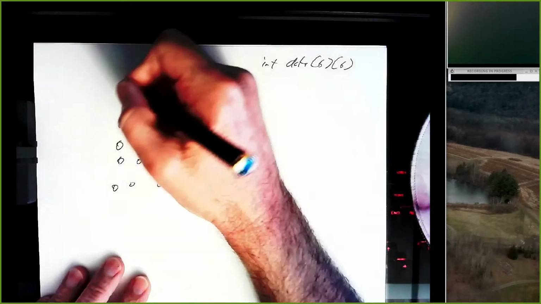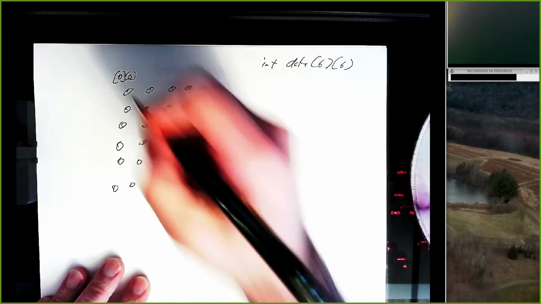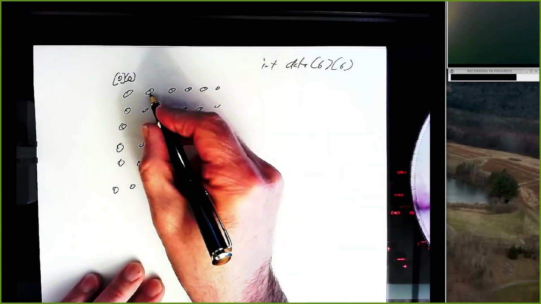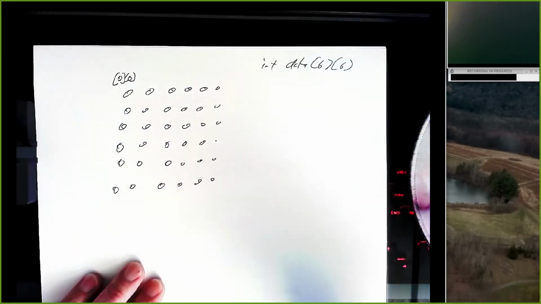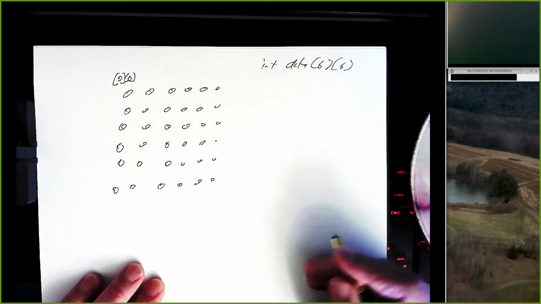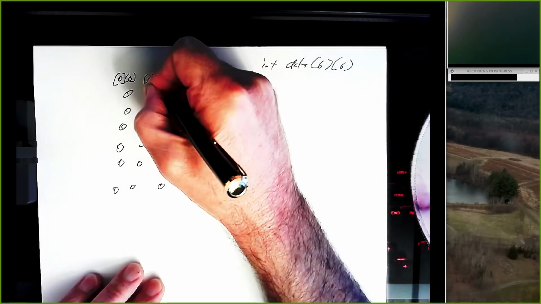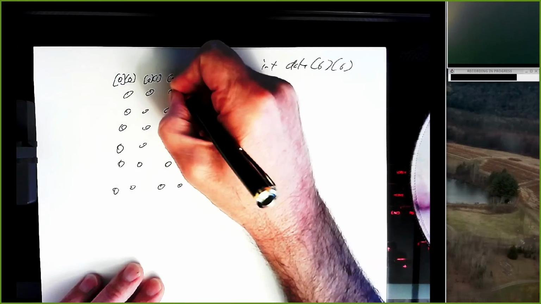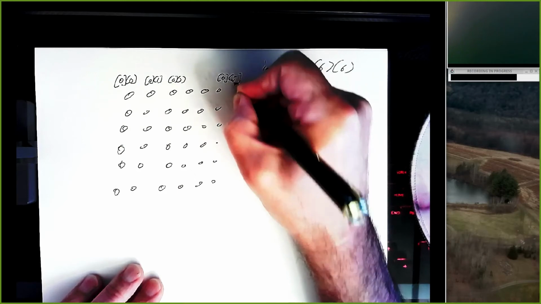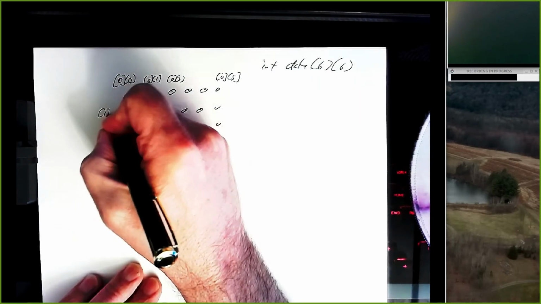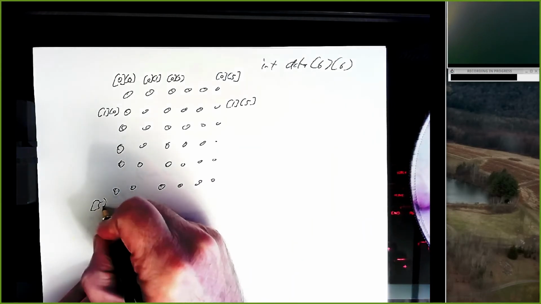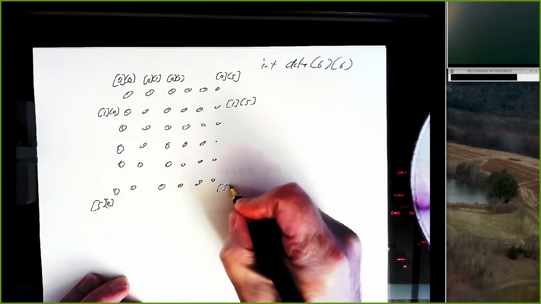And so typically, this would be element 0, 0. But what would this element be? Would it be 0, 1 or 1, 0? It's more or less random. So in most languages today, this would probably be 0, 1, 0, 2, all the way over to 0, 5. And then this element would be 1, 0, over to 1, 5. This would be 5, 0, and this would be 5, 5.